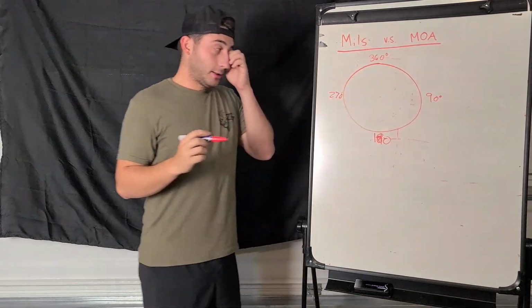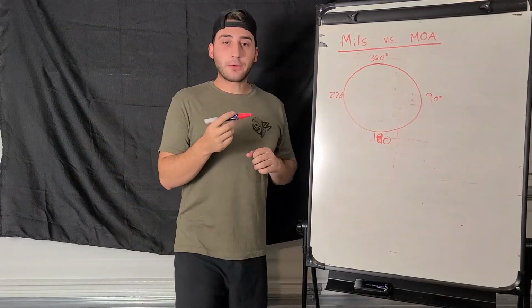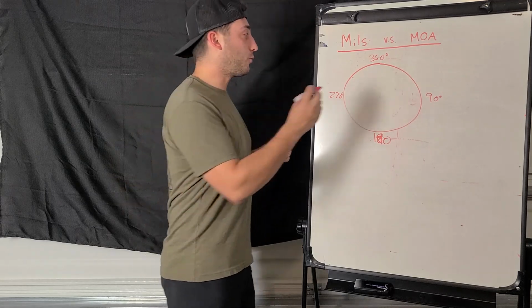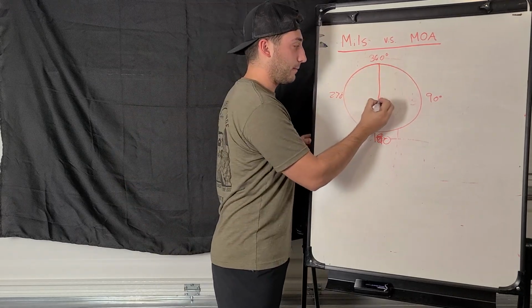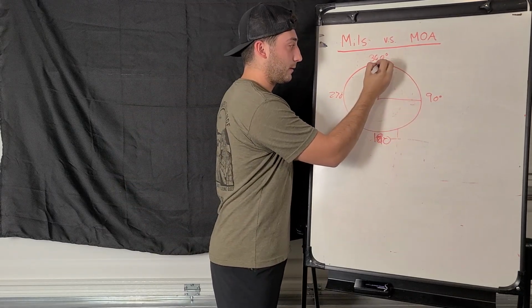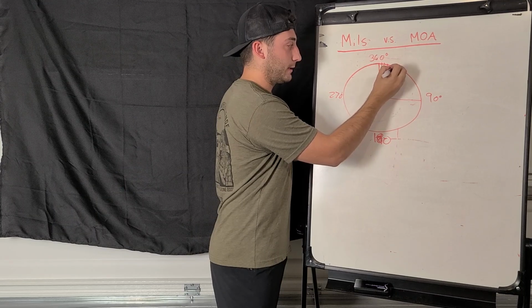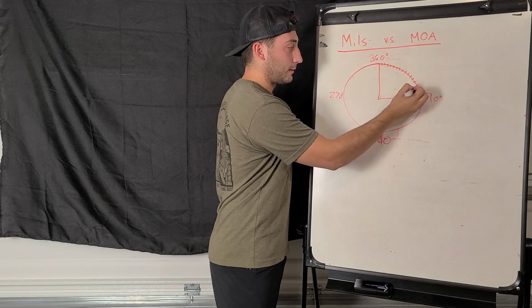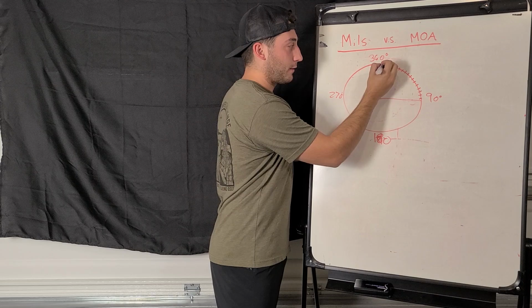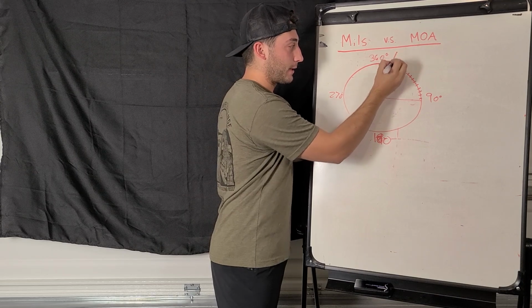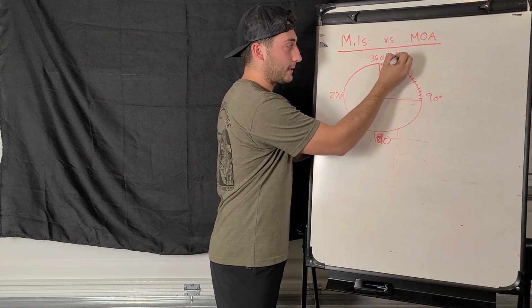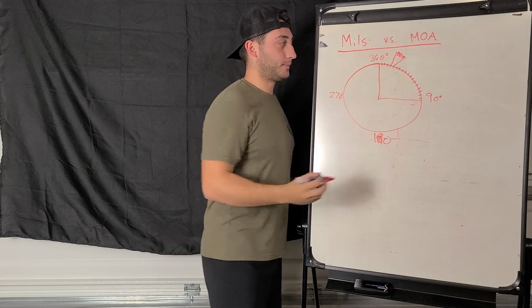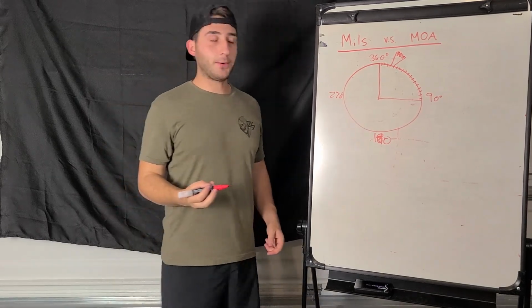So 360 degrees within a circle, and each one of those degrees is broken down into 60 minutes, just like there are 60 minutes within an hour.